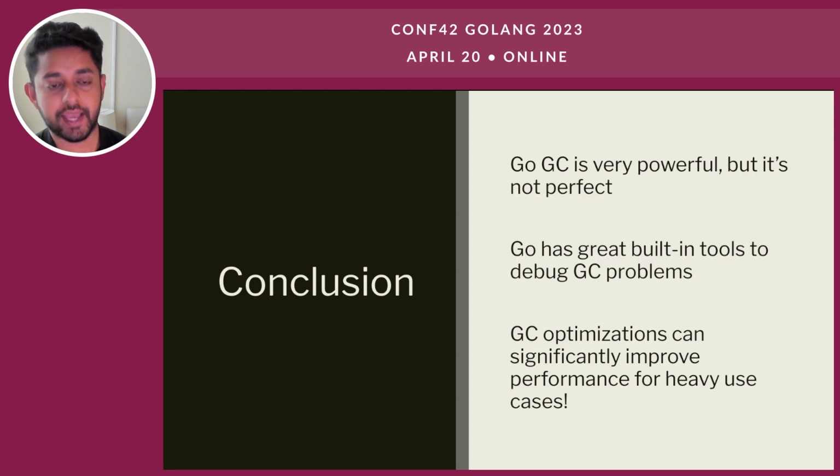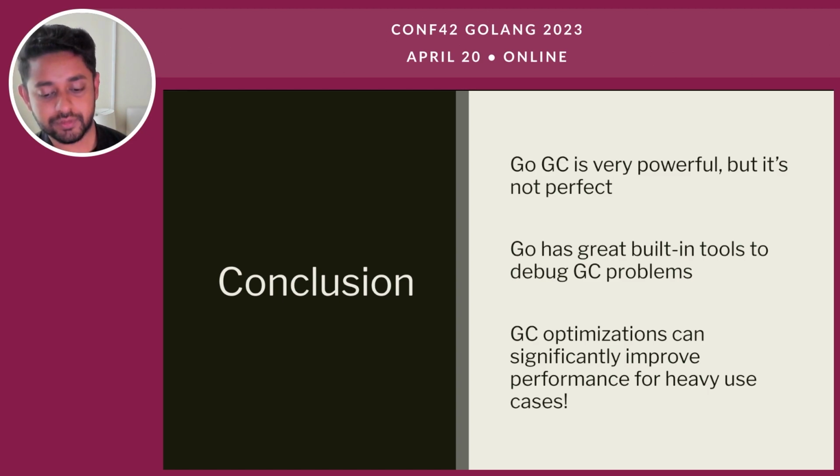In this case, having an understanding of how the GC works, how memory management works, and some of the built-in tools that the Go team provides can be really important to understanding and reducing the problem. From there, we have a lot of options to optimize our system, improve performance, and have much happier users and much happier engineers.